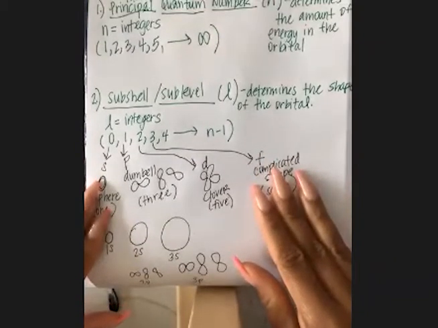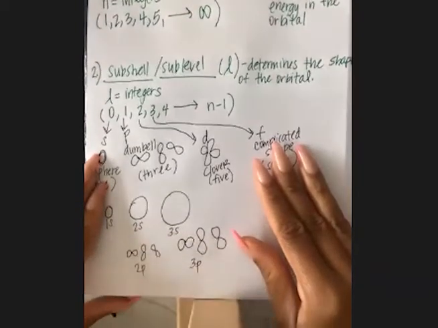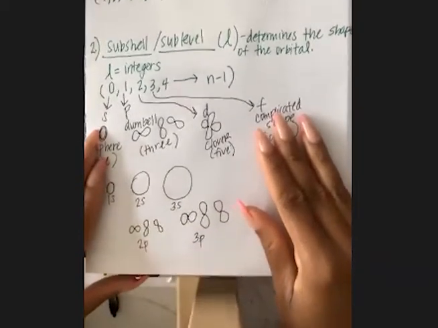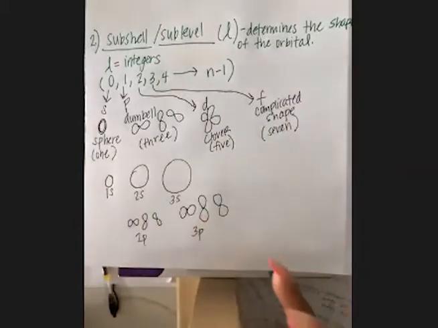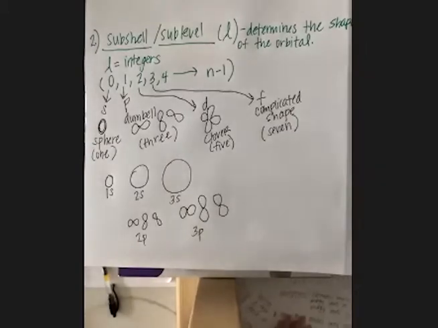So basically, the bigger the number is, the higher the energy it contains, and the further away from the nucleus it's going to be. The numbers that are written, like dumbbells 3, clovers 5, that's just how many of the actual shapes there are.